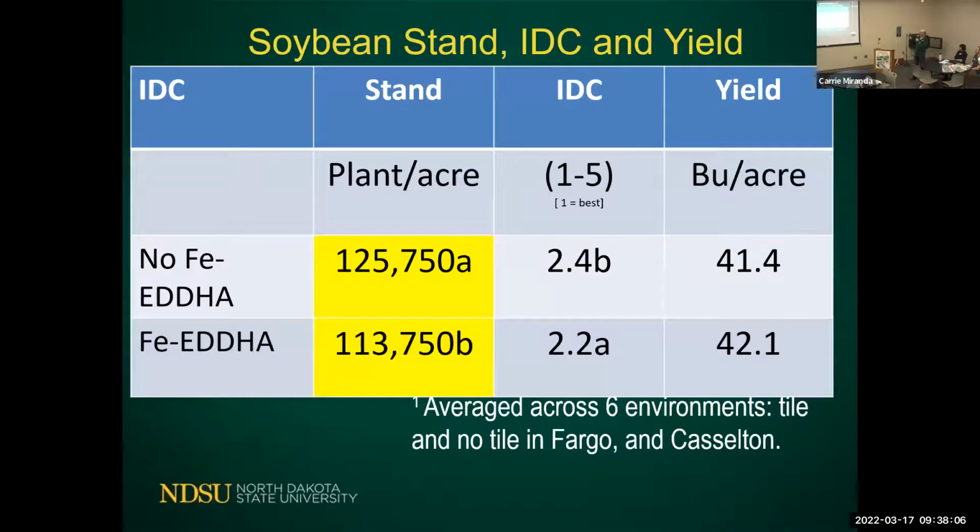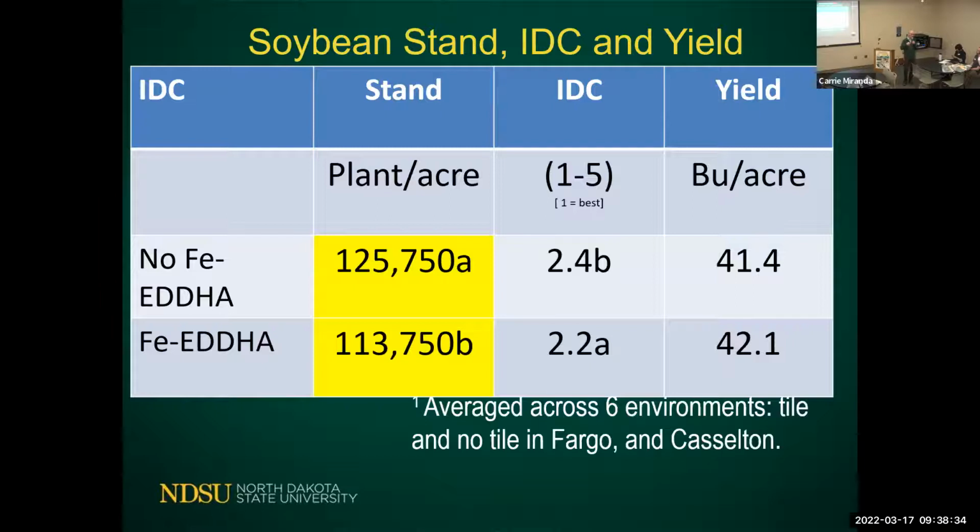So what we did here is having the application of the chelate, or we did have just a regular seed. So what we saw here is that if you use the chelate, for some reason it interfered with the plant development and we had lower stand. I did not expect that one, but that is what happened. So if you look at the last number, you can see that there was a slight increase in yield, not statistically, of the chelate.